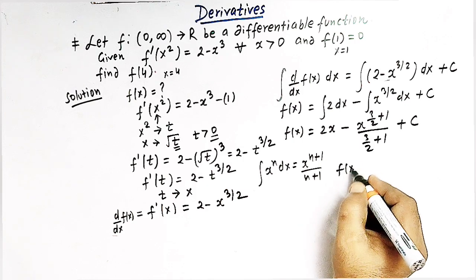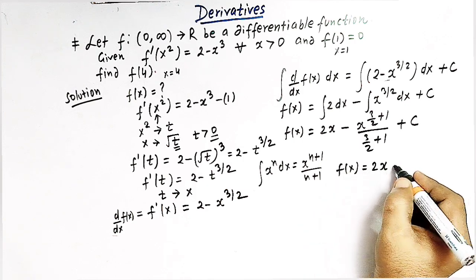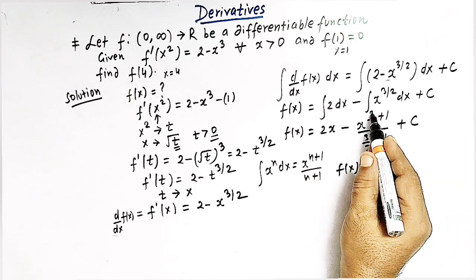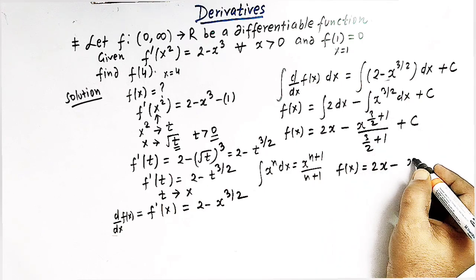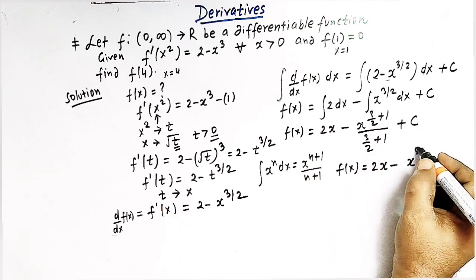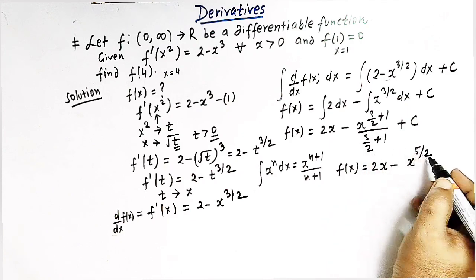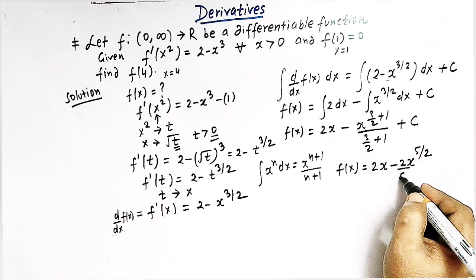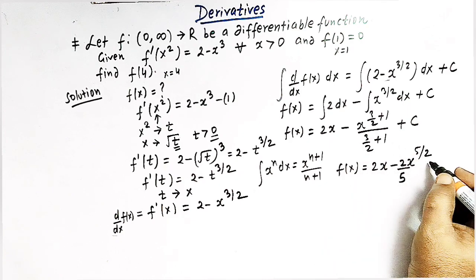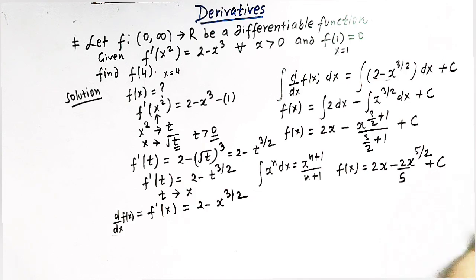So now we have f of x is equal to 2x minus, this is 3 by 2 plus 1, that is x raised to 5 over 2, and in the denominator we have 5 over 2, so we can now write 2 over 5, and here we have c as the constant of integration, right?